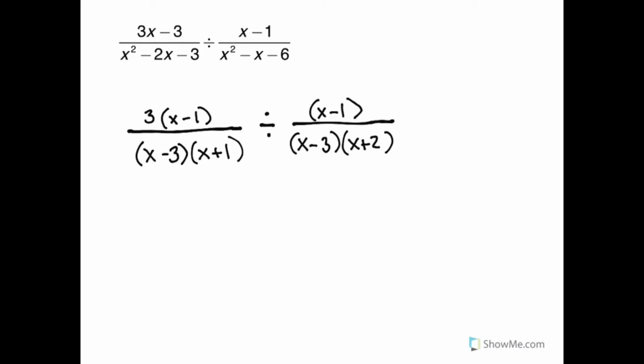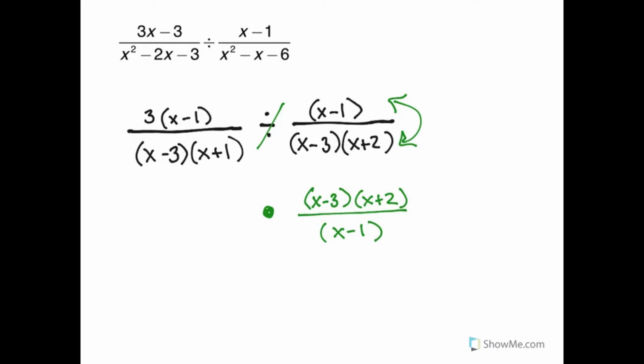Well, there we go, and now remember the phrase invert and multiply? So to divide, we change the divide to a times, and we flip the fraction that's after the division upside down. The first fraction stays the same.